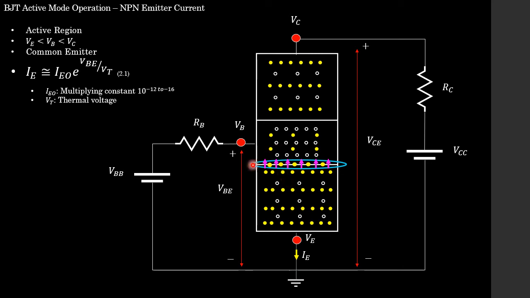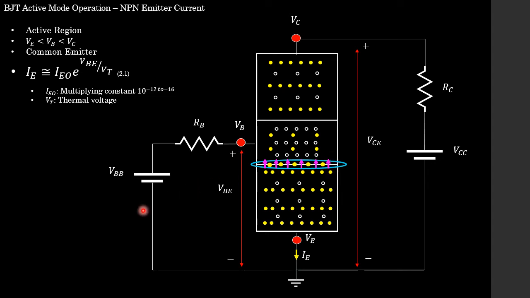If you forget how that operates or works, I take you back to lecture 2. Please go and revise that. And because we see these majority carriers crossing over this PN junction, that's going to cause current to flow in the opposite direction. And that's where this current IE, or the emitter current, actually comes from. It comes from these majority carriers moving across the PN junction between the base and the emitter regions.